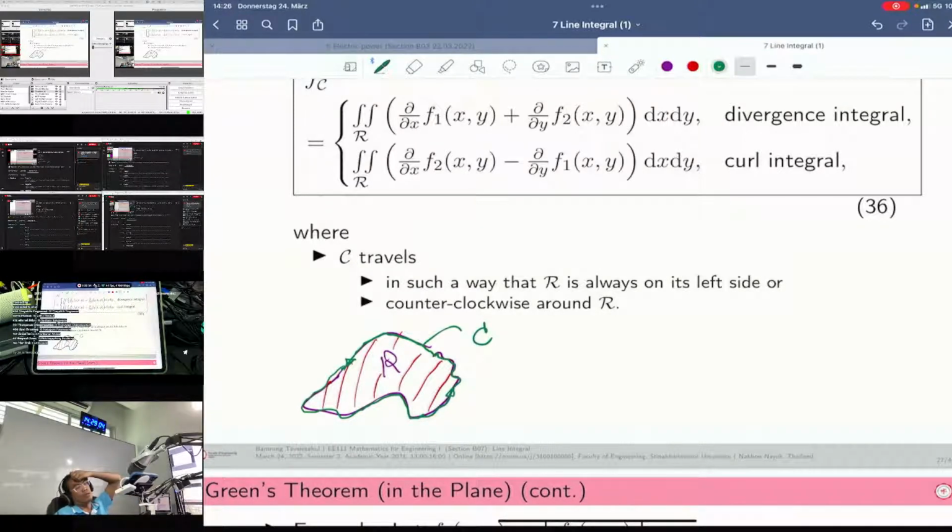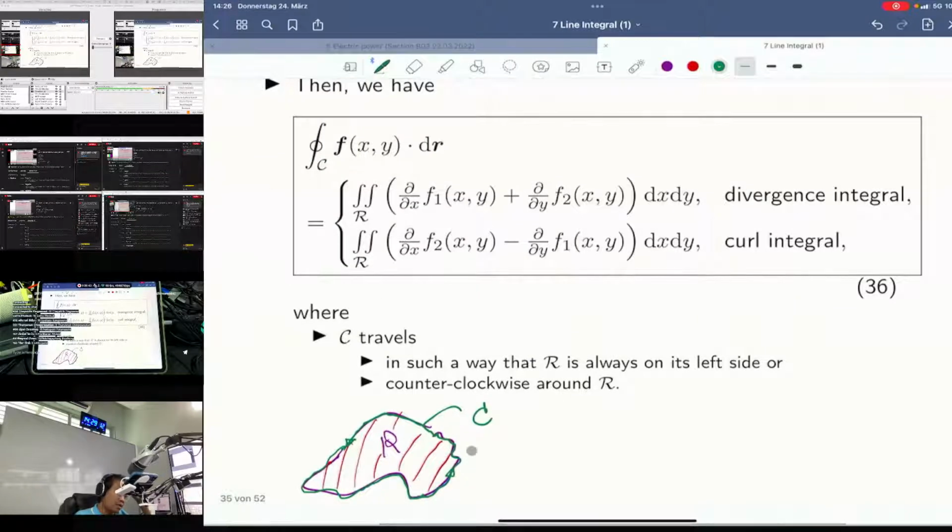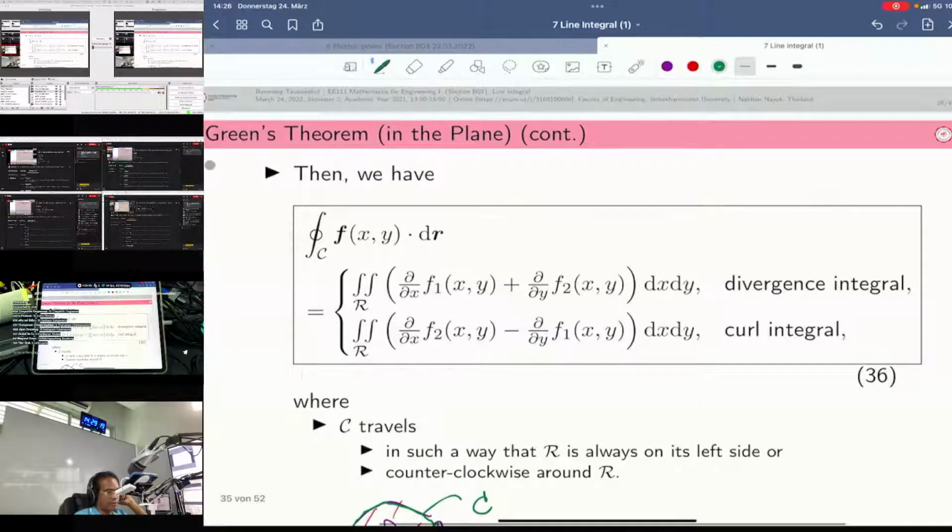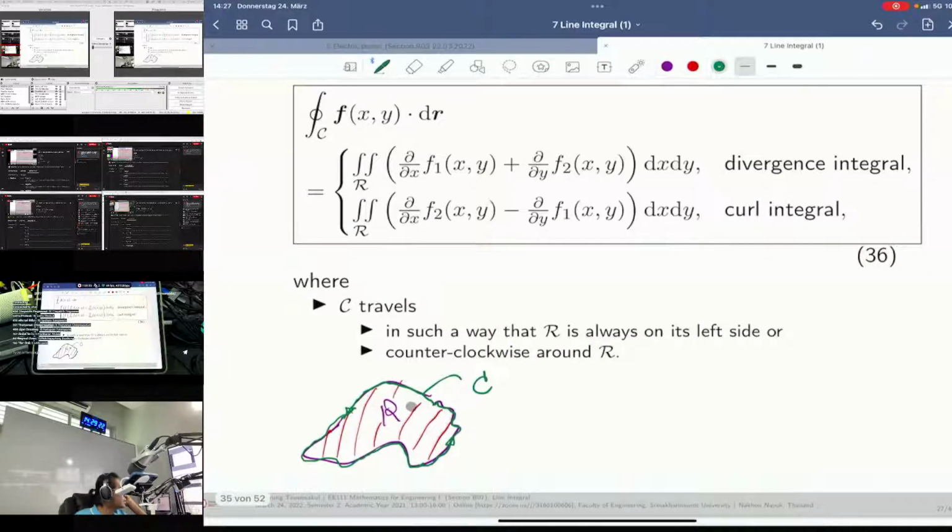The Green Theorem replaces the line integral in the closed path by the integral over the region or the area here. And that's why they say Green Theorem in the plane. This is the plane. But if you have three variables, it's going to be different from this.